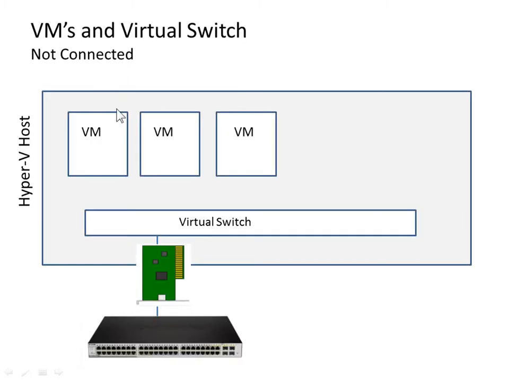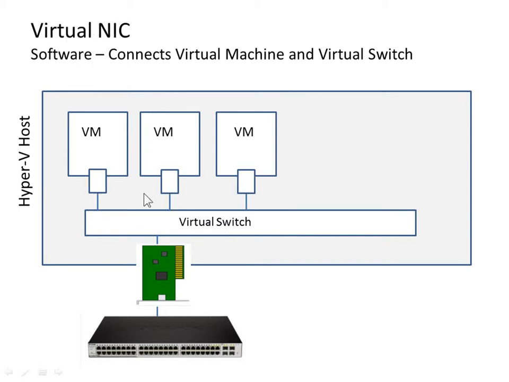If we look at this diagram, we can see the Hyper-V host has multiple virtual machines running in it. It has a virtual switch, which is connected to a physical network interface card, which connects to a physical switch. If we want to connect these virtual machines to the virtual switch, then we would connect them using virtual network interface cards.